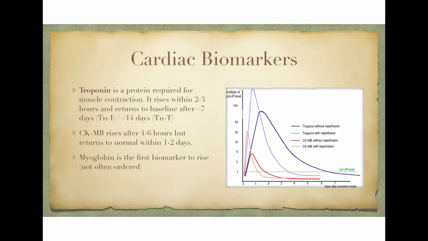In addition to those common biomarkers, there's also myoglobin, which is the first biomarker to rise, usually within a couple of hours after the onset of the infarction. And then historically, just for mostly trivia purposes, in the past the liver enzyme AST and LDH were used as biomarkers for myocardial infarction.